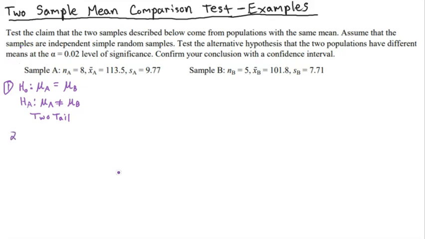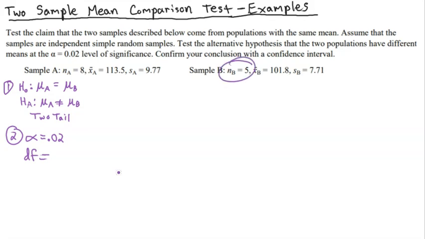All right, step two, well, all of our important statistics have already been identified and summarized right here, so we'll refer to them, but we do need to point out that the alpha is 0.02, and we need to identify the degrees of freedom. So remember, to get the degrees of freedom, we need to look at the n's. Here we have n is 8.